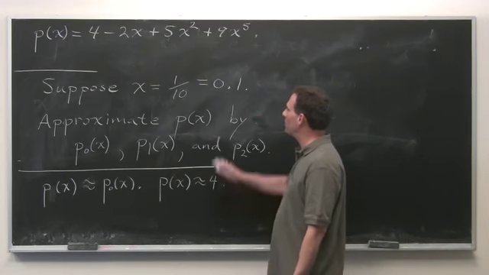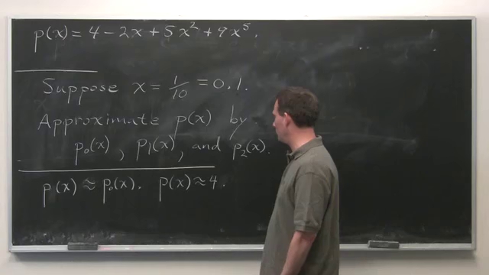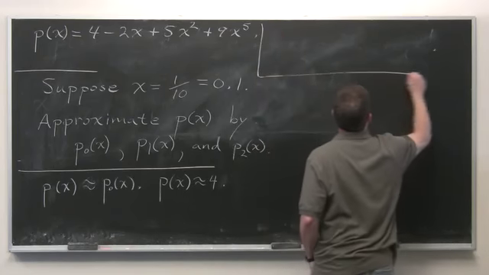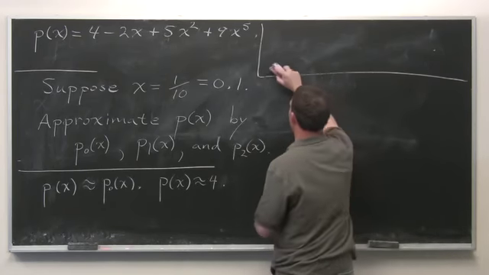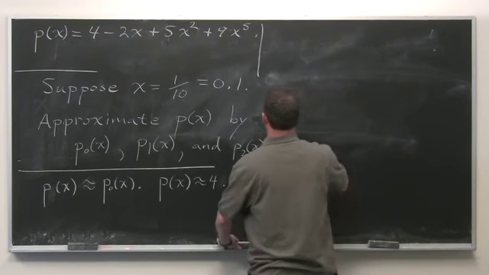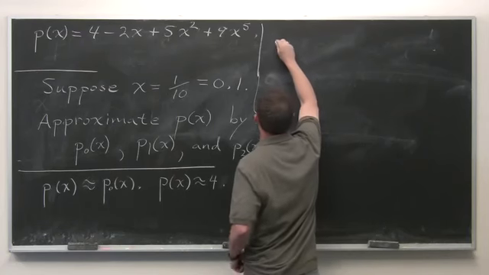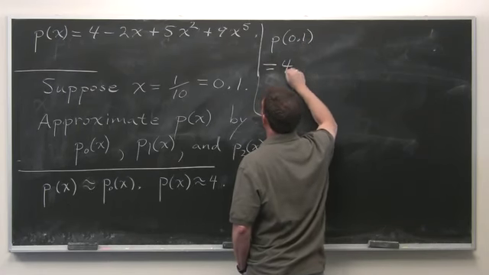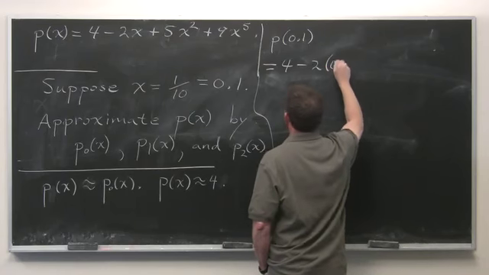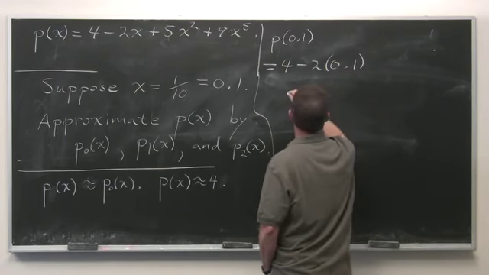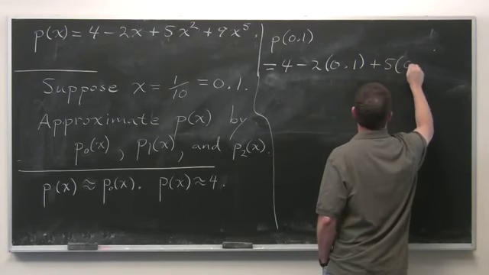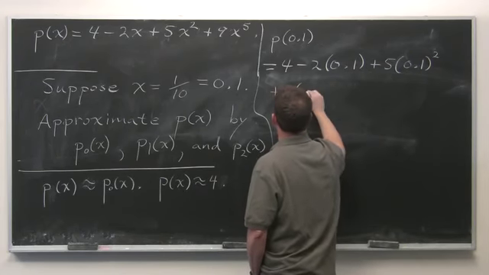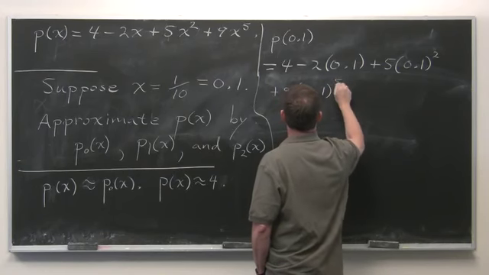How bad is that approximation when x is 1/10? Well, we have to know what p of a tenth is. So let's go ahead and record that. In fact, this isn't bad to calculate because once we make it a tenth, we're using decimals. P of 1/10 is 4 minus 2 times 0.1 plus 5 times 0.1 squared plus 9 times 0.1 to the 5th power.